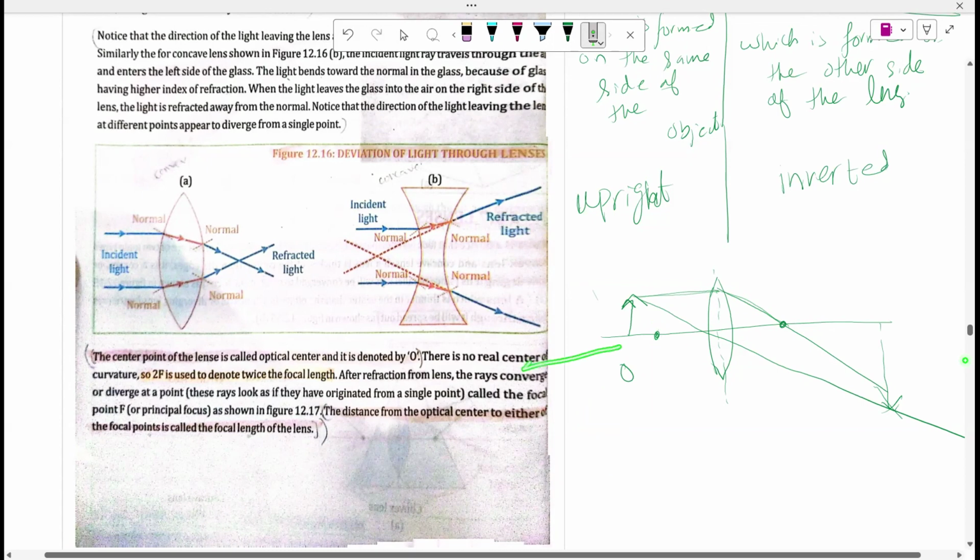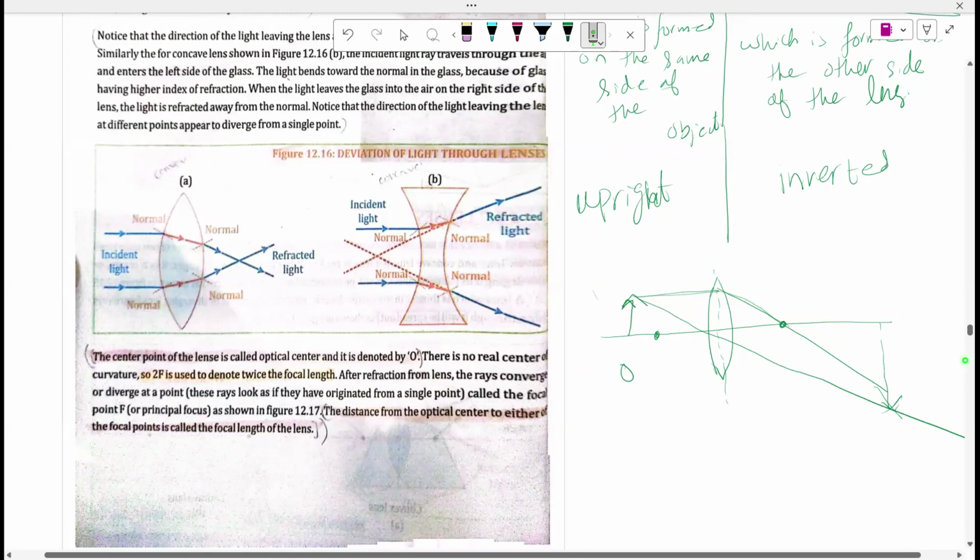As you are further away from the focus point, the image formed would be smaller. As you approach the focus point, the image formed would be enlarged, magnified. But the moment you enter the focus point, when you are inside the focus point, the image formed would be virtual and upright and mostly magnified.